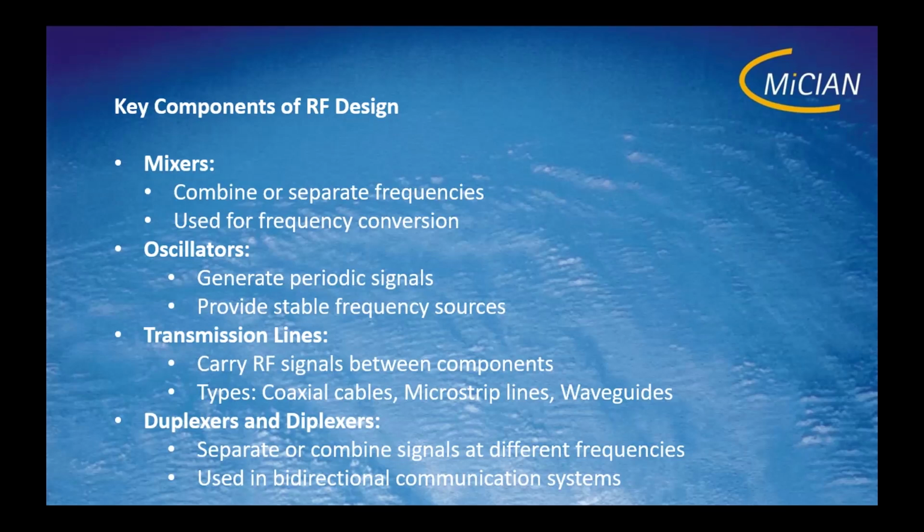For that you need software like Microwave Wizard, which I'm going to introduce to you. But the waveguide is also a kind of transmission medium, like coaxial cables and microstrip lines.